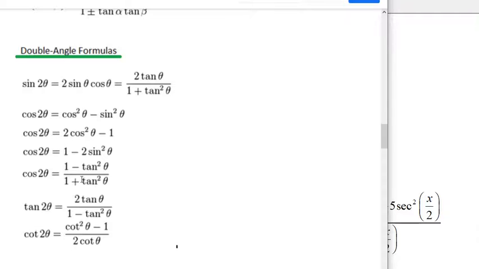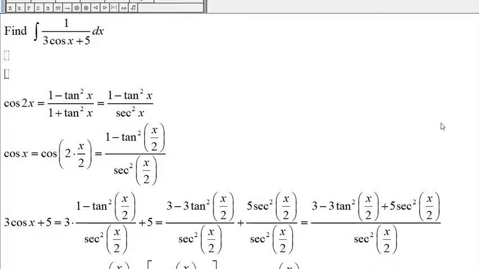So we will use this one: cosine of 2 theta is 1 minus tangent squared divided by 1 plus tangent squared. So cosine of 2x is 1 minus tangent squared of x over 1 plus tangent squared of x.